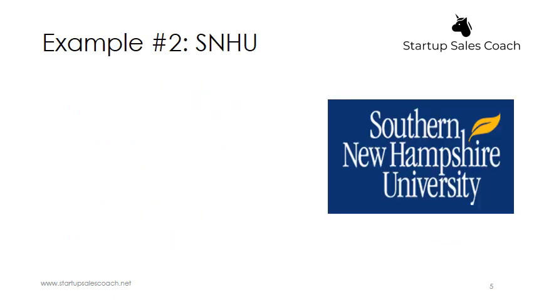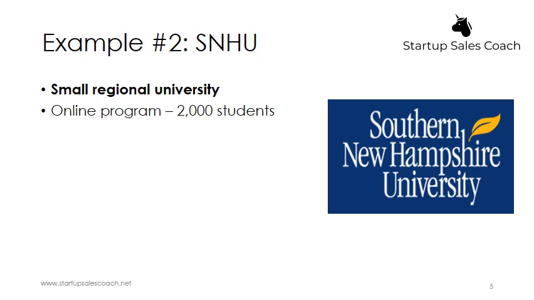The second example is from a university in the United States called Southern New Hampshire University. Now, about 10 years ago, this university was a small regional university which had an online program of about 2,000 students. Wasn't anything special.